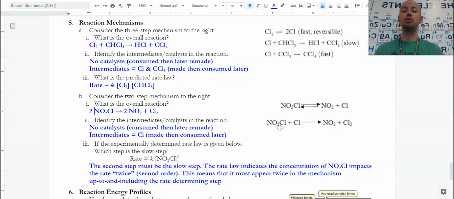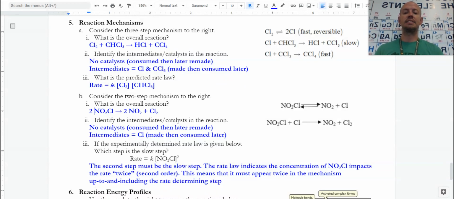NO2Cl must appear 2 times in the mechanism up to and including our slow or rate determining step. So the rate law indicates that the collision of NO2Cl factors in twice. So we have to have 2 reactions that use that.